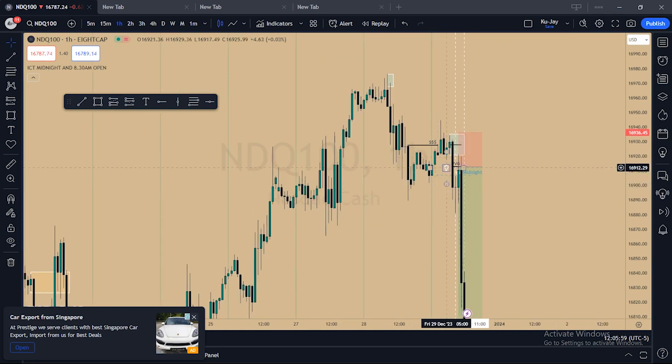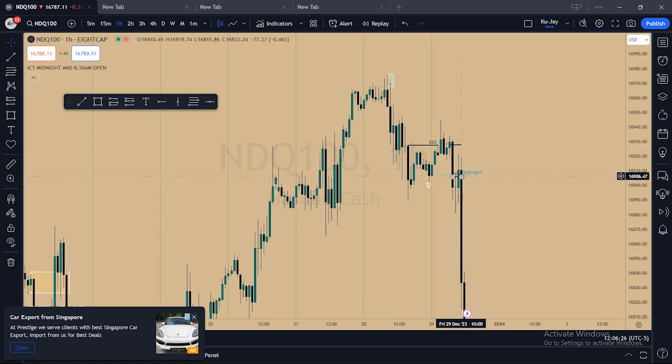On the 1 hour, there was a market structure shift here, then there was a fair value gap here. I just want to clean the price up. Sorry, I hope it won't be long.